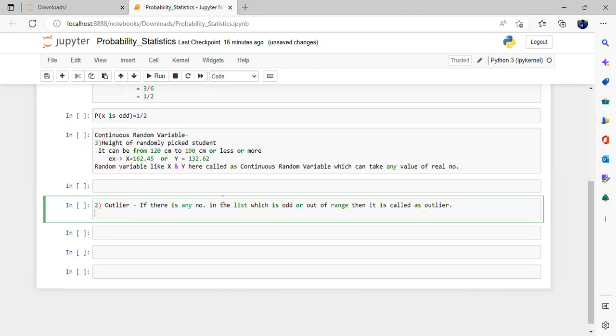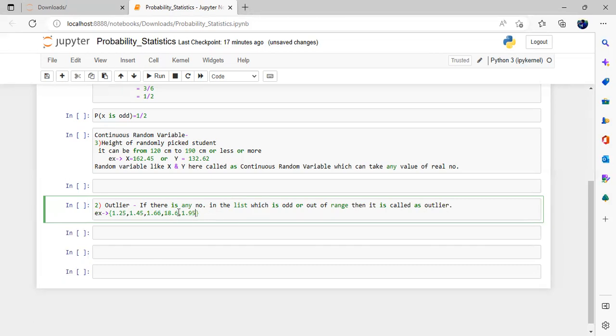For example, if you take the example of a set, any values like 1.25, 1.45, 1.65, but by mistake it is 18.6, then 1.95.